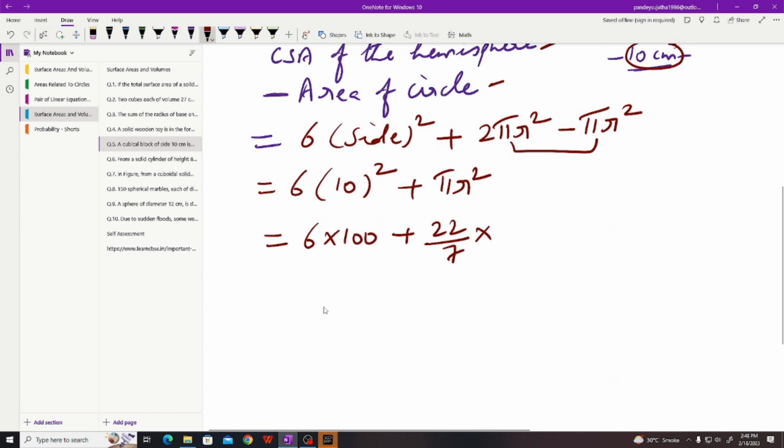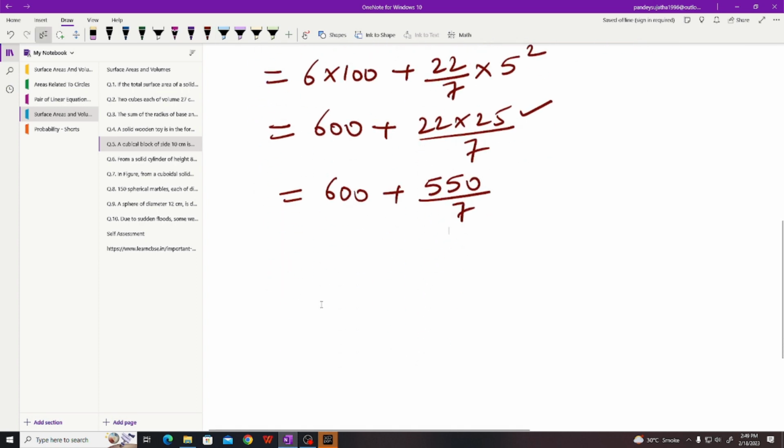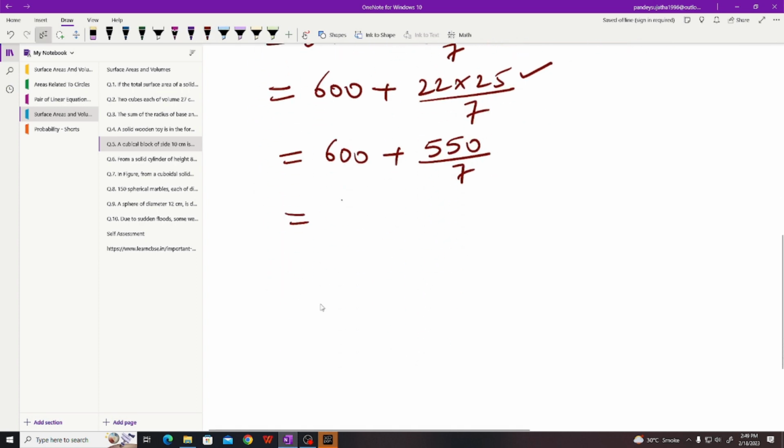So r square will be 5 square, which is equal to 600 plus 22 into 25 upon 7, that is equal to 600 plus multiply 22 with 25, you get 550 upon 7, which is equal to 600 plus 78.57.